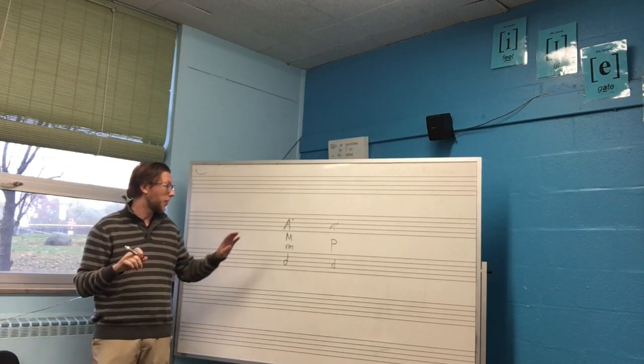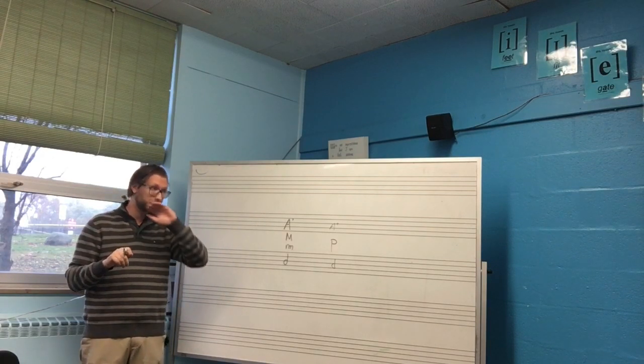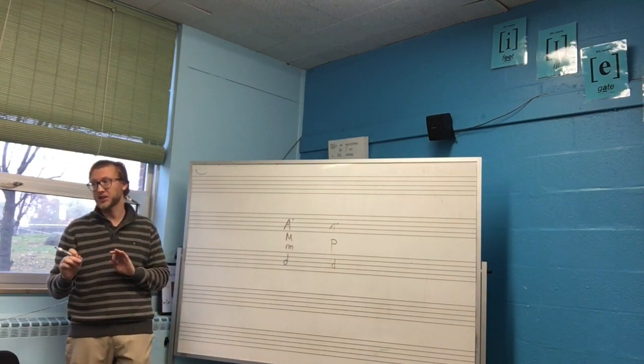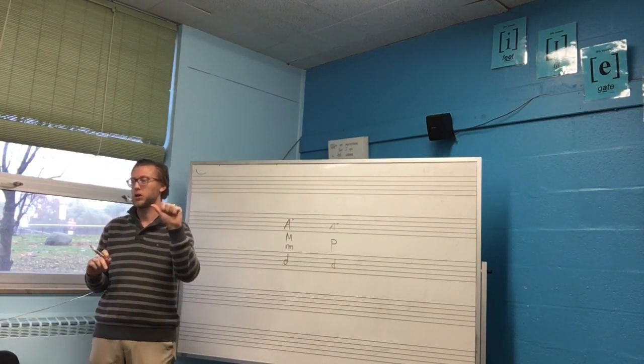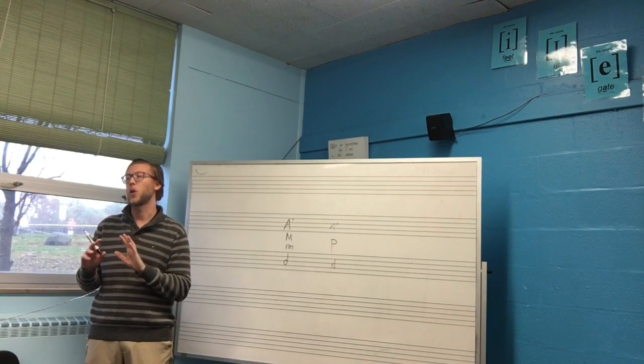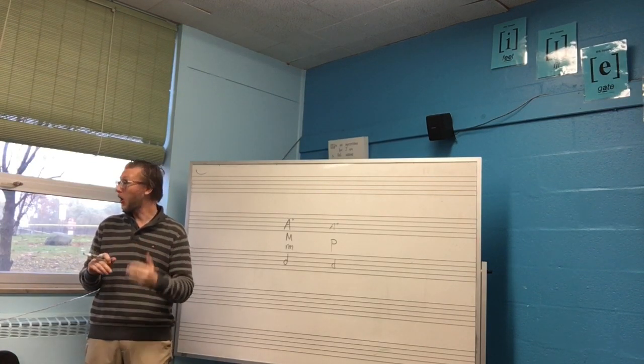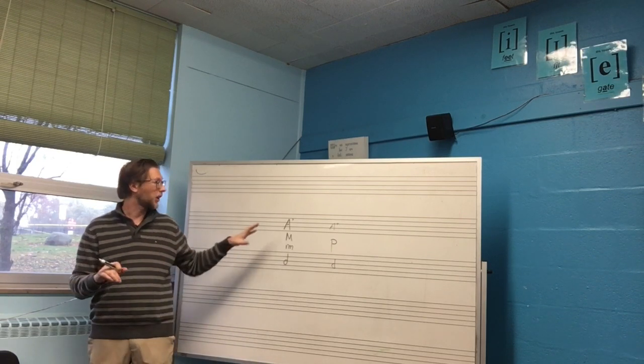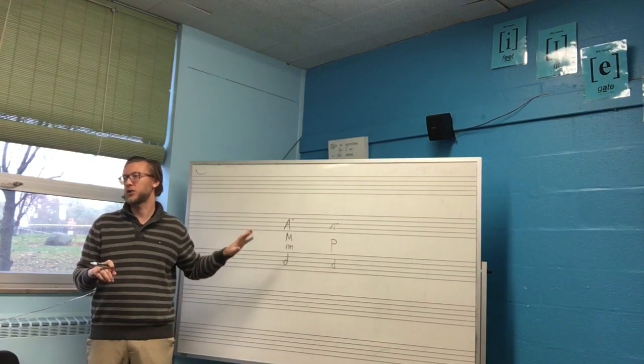Now, there were 8 different intervals that I gave you. The perfects were 1 or unison, 4, 5, and 8. Those were called perfect. The other ones were either major or minor. So these are sort of modifiers to the interval.